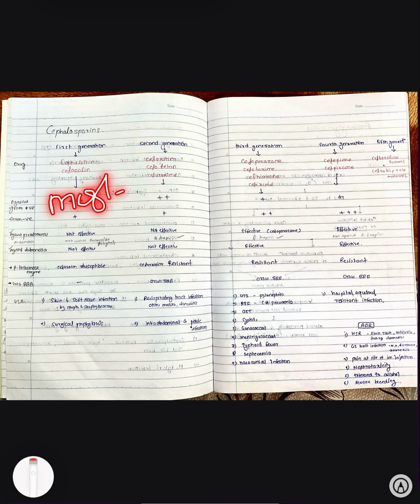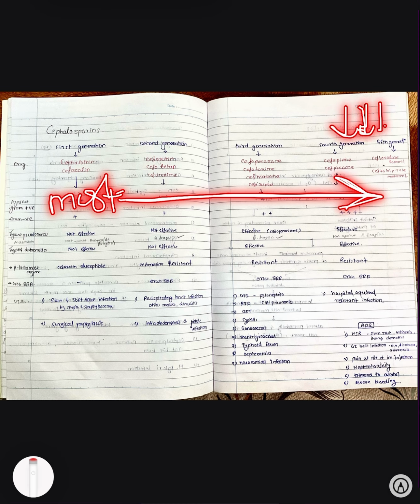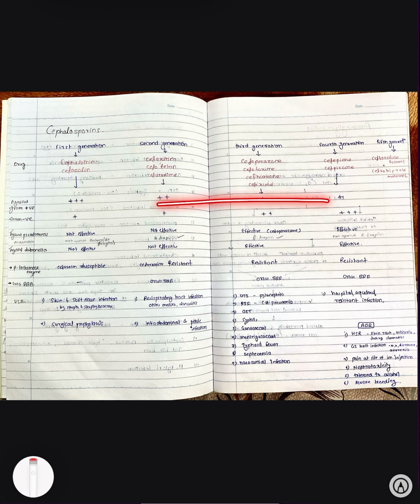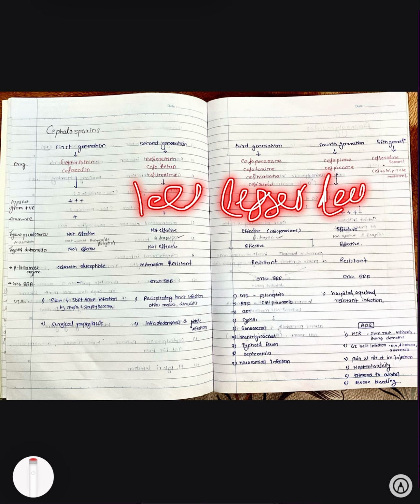As we go forward, the action of the cephalosporin against gram positive bacteria gets reduced. That is, first generation will be the most active against the gram positive bacteria. Second generation will be less active, third generation will be lesser active, and fourth generation will be the least active against the gram positive bacteria.